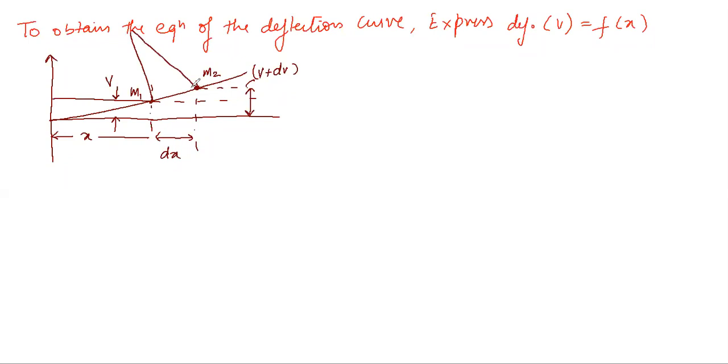So this is the deflection in y-axis at m2, it is v plus delta v, and at m1 the deflection is v, right? So based on this, we have defined a curve, something like this. This angle is defined as, suppose, delta theta, right? So we have defined what is delta v.